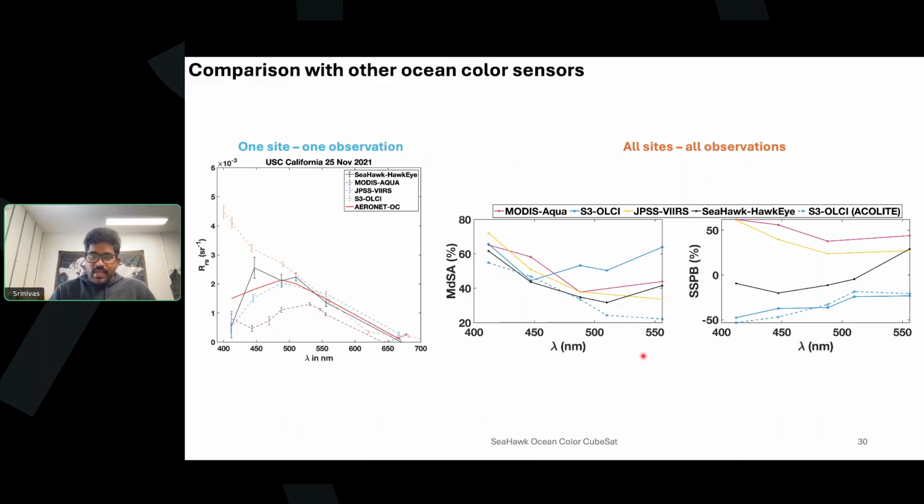In the previous slide, I mentioned that if you choose a better atmospheric correction method, you can get better results. So that is evident in this MDSA plot.